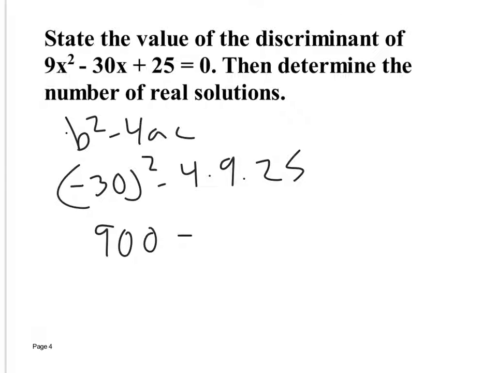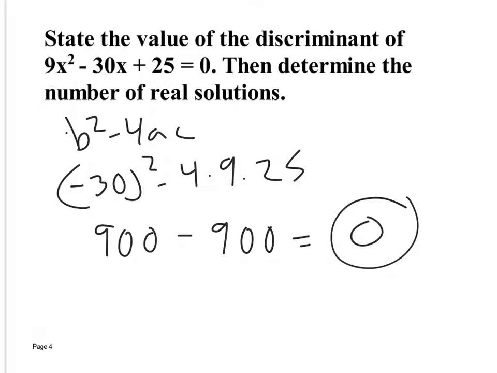Well, 4 times 25 is 100. 100 times 9 is 900. So that gives you 0. That's your value. How many solutions would you have? One. So you write one real solution, what the book's going to say, or you just write one solution.